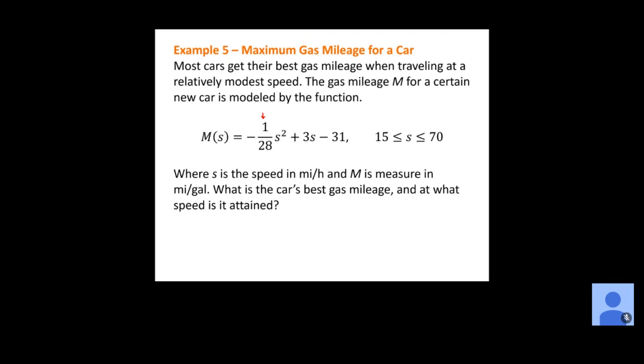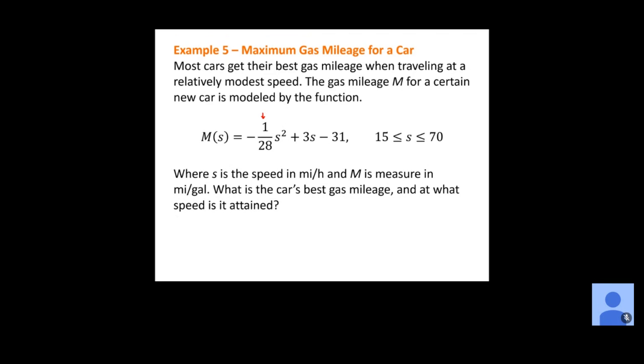What that tells us is we have a quadratic here because of the S squared, which is a parabola, and because of the negative A value, it's going to open down. That means that this is going to have a maximum at its vertex. And that's exactly what we want to find here. We want to find the best gas mileage and the speed where we have that best gas mileage, which means all we care about here is what is the maximum of this function.